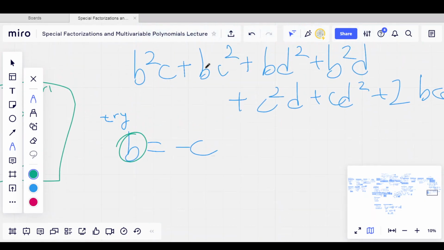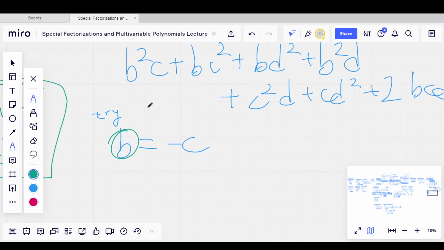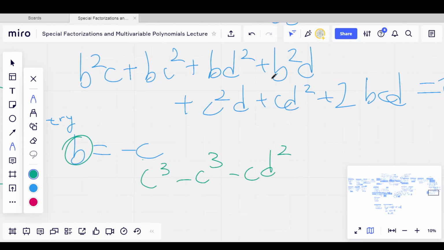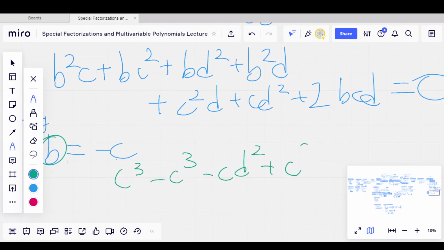So try b equals negative c. So anything with b, we replace it with negative c. So b squared is just c squared. There's a negative right over here, but it doesn't really matter because it's squared. And then we have c cubed minus c cubed, because it's a negative c right over here. And then this is just minus cd squared. There's a negative, right? And then this is plus c squared d.